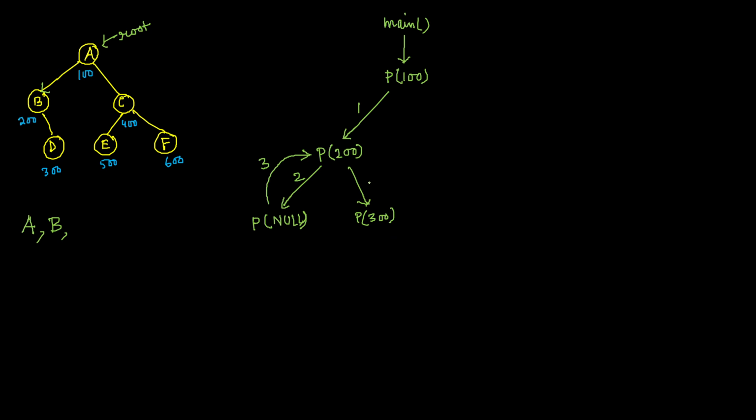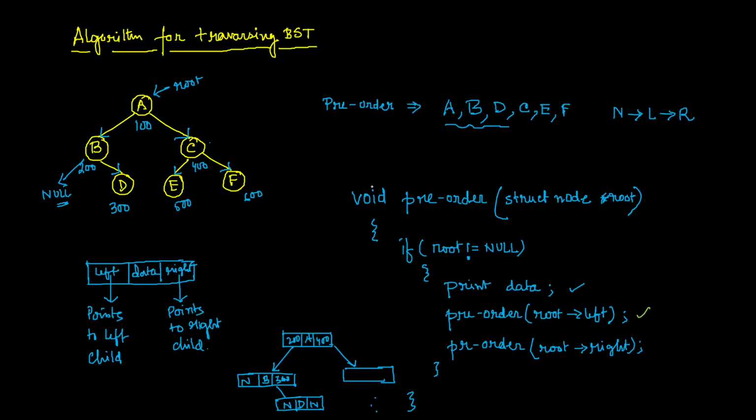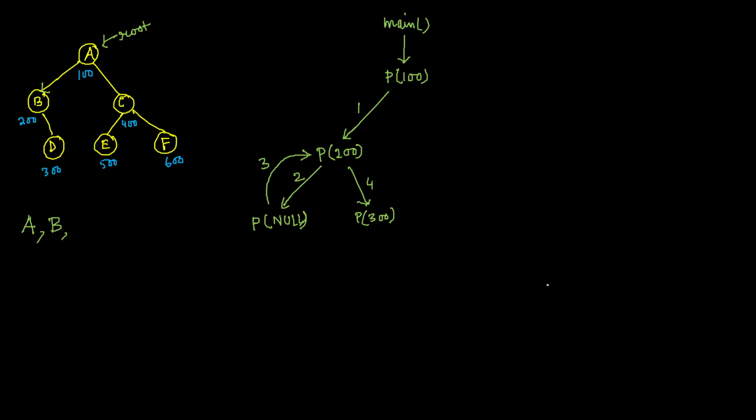Now according to the logic of this pre-order function, if it is not null, then it will print the data simply. So this clone will get root as 300, which is not null. It will print the data containing 300. That is D simply. And then what will it do?